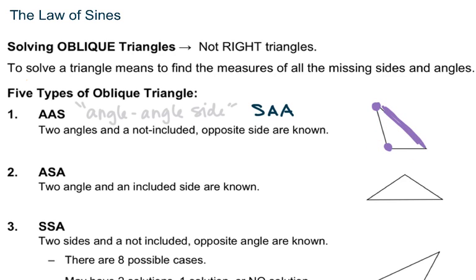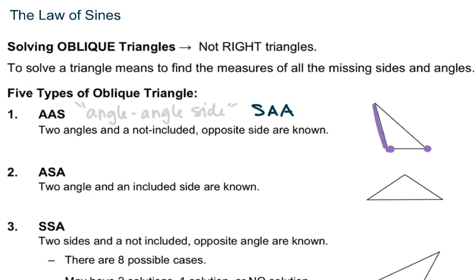Angle, angle, side, side, angle, angle. Either one of those works. So we have 2 angles and then a side which almost appears to be opposite them is known. I'm not going to do this on every single one, but we could say, maybe I knew this angle and this angle and this side. This is another example of angle, angle, side.